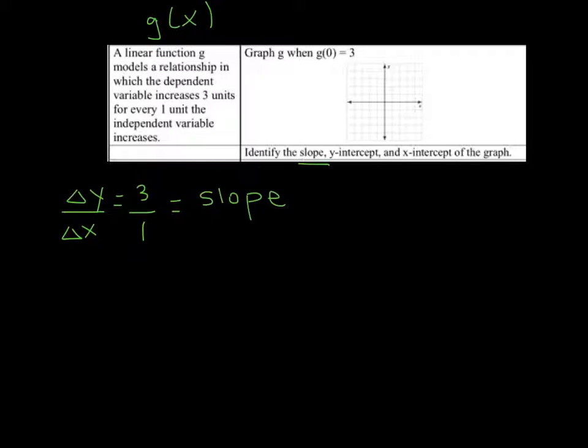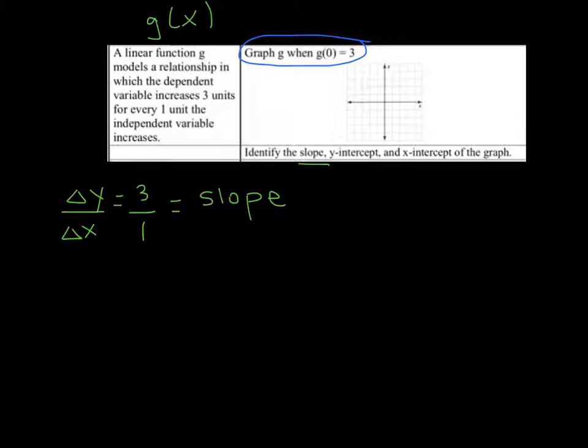Now, the next part is this information that they gave me at the top right here where it says graph g when g of 0 equals 3. Okay, so let's think about what that means. Remember, in function notation, g of x, so they've replaced the x with a 0.